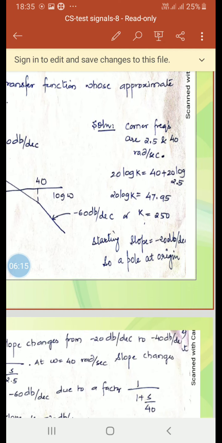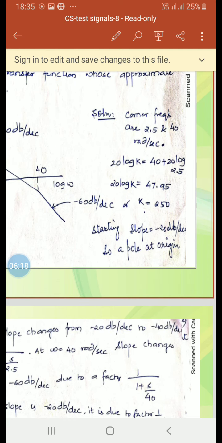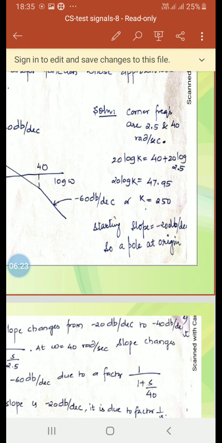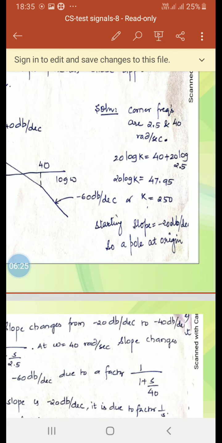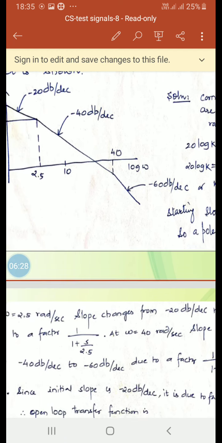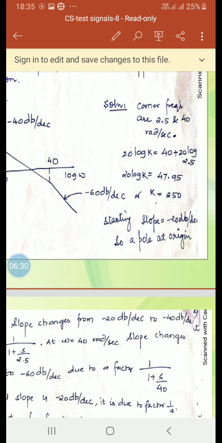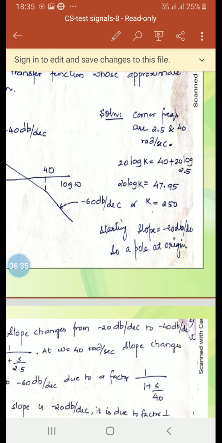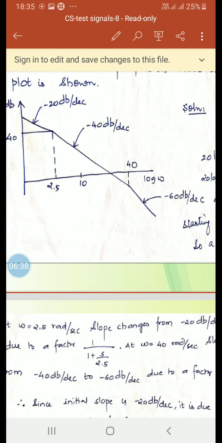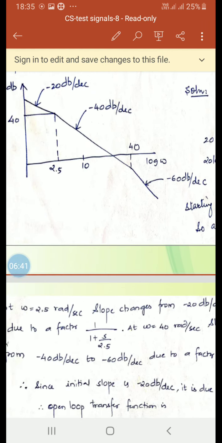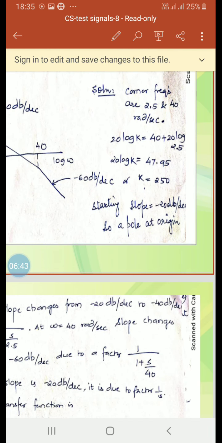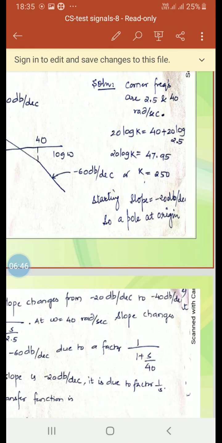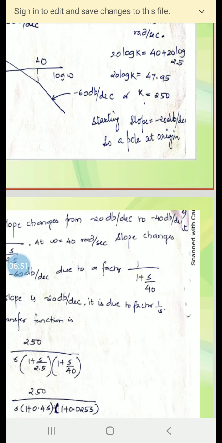So the corner frequencies are 2.5 and 40 radians per second. 20 log k is equal to 40 plus 20 log 2.5 plus 20 log 2.5. So 20 log k is 47.95, or k is equal to 250.